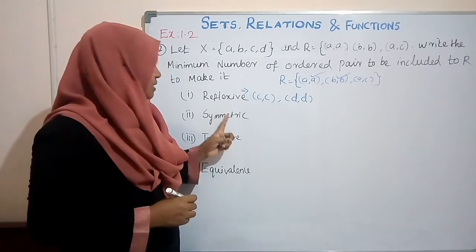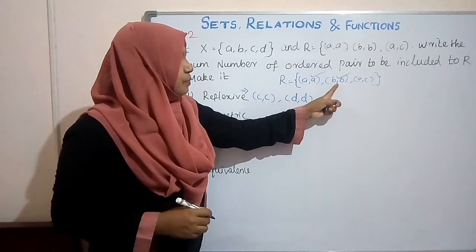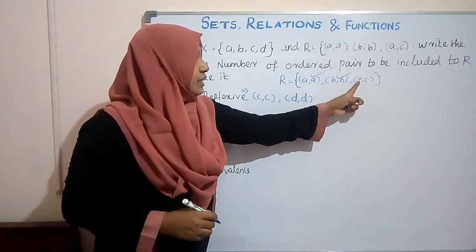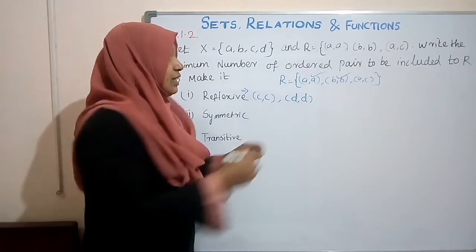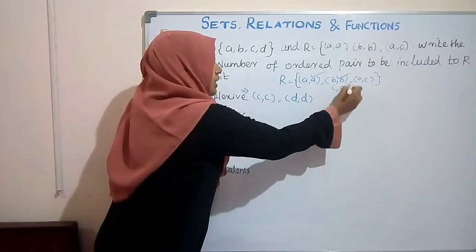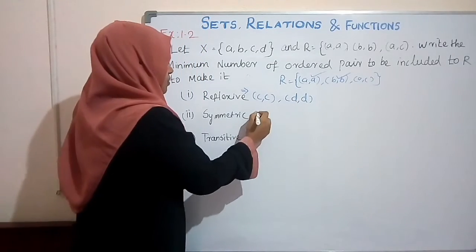The second one, symmetric. See, (A, A) is there, (B, B) is there, and (A, C) is there. If (A, C), we need (C, A) also. To make it symmetric, we need the element (C, A) also.